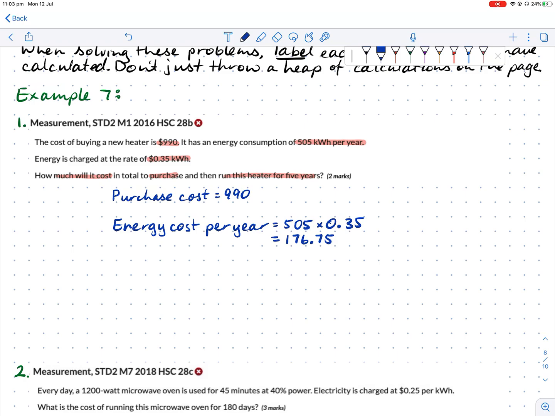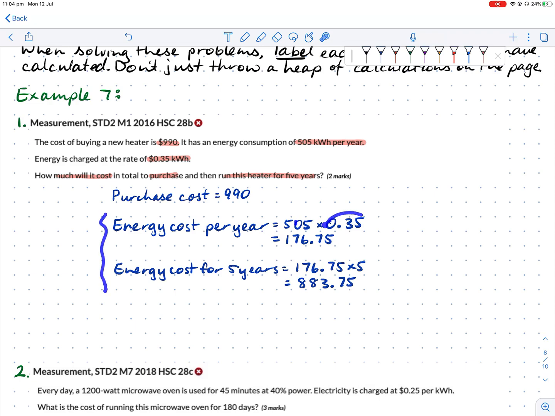We need to work out for 5 years. So for 5 years, we're going to take 176.75 and multiply that by 5. And that comes out to be $883.75.